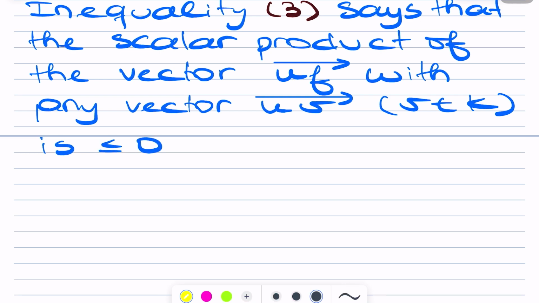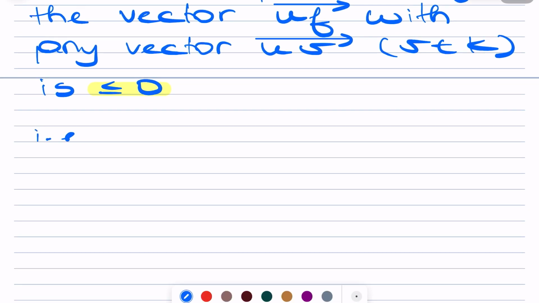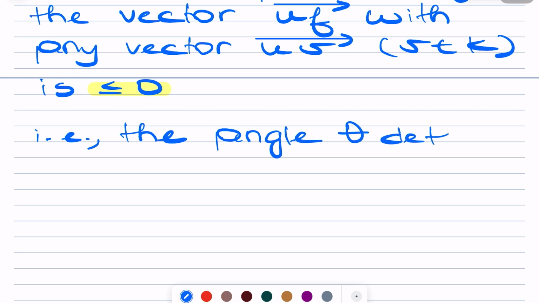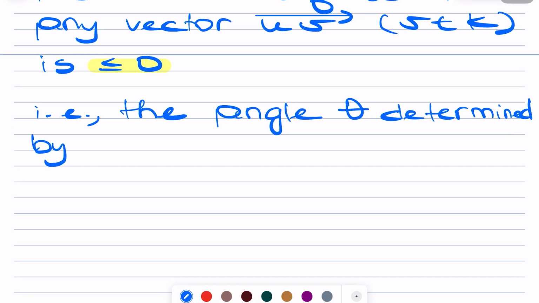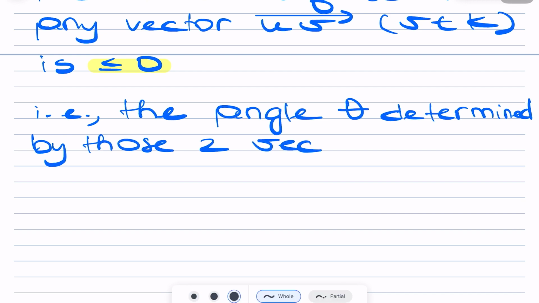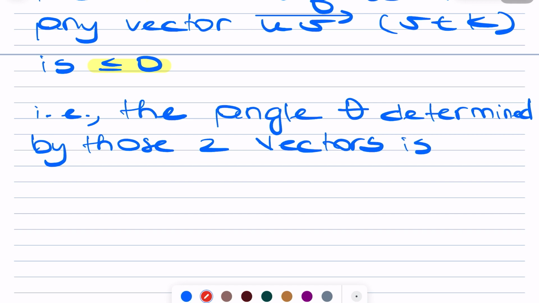Well, this means that the angle, let's call it theta, determined by those two vectors, is greater or equal than pi over 2.